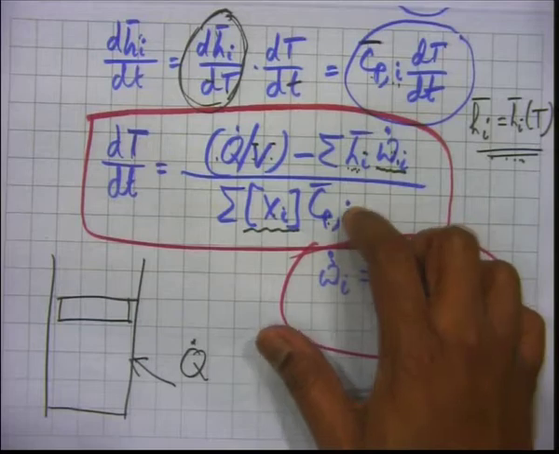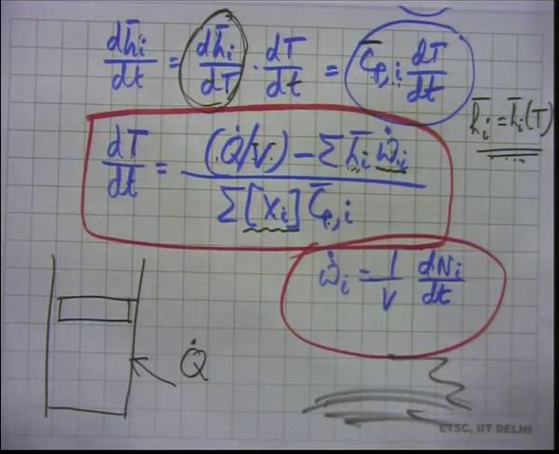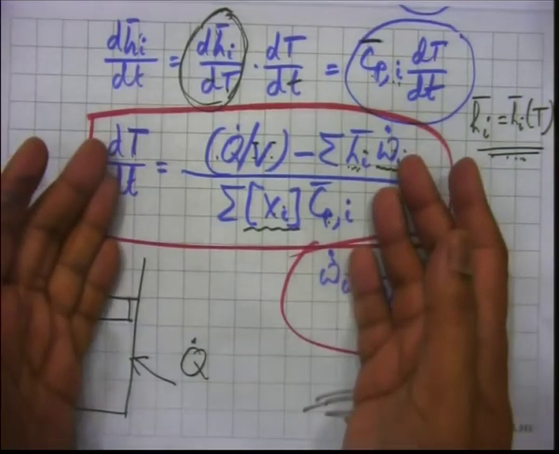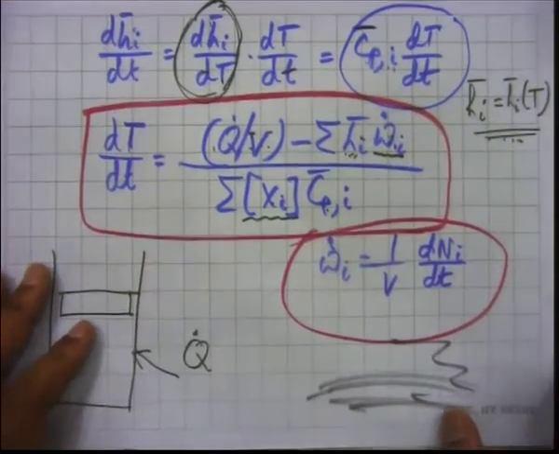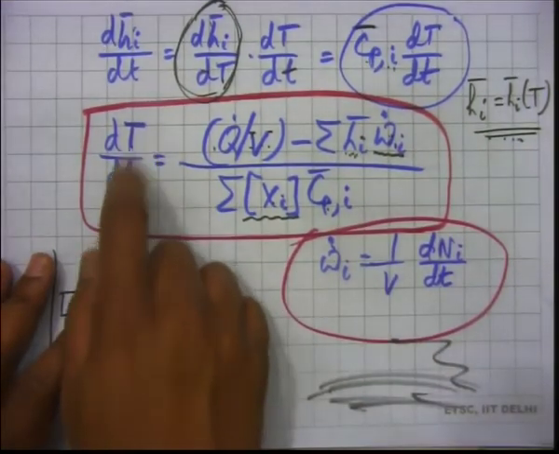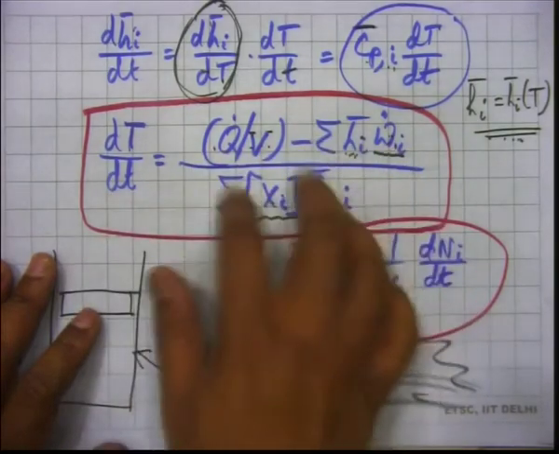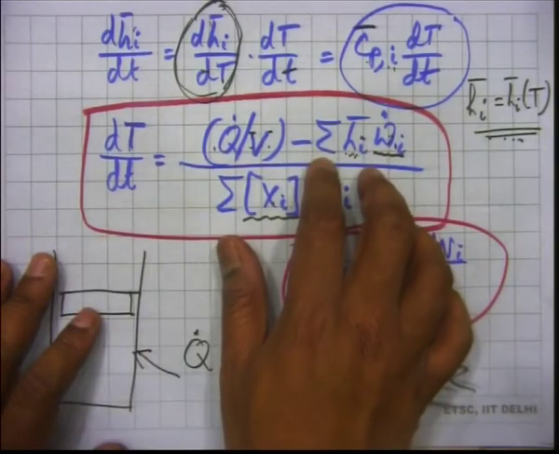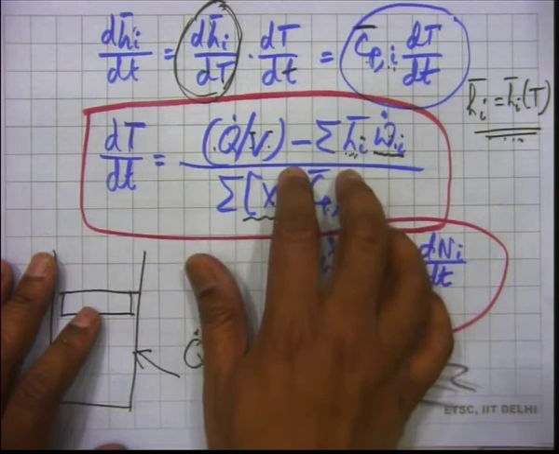So, these things are all mixed up, this is coupled. Temperature depends on species, and reaction rates depend on species and temperature. It is not as if d temperature dt depends only on temperature related terms, it also depends on species related terms.